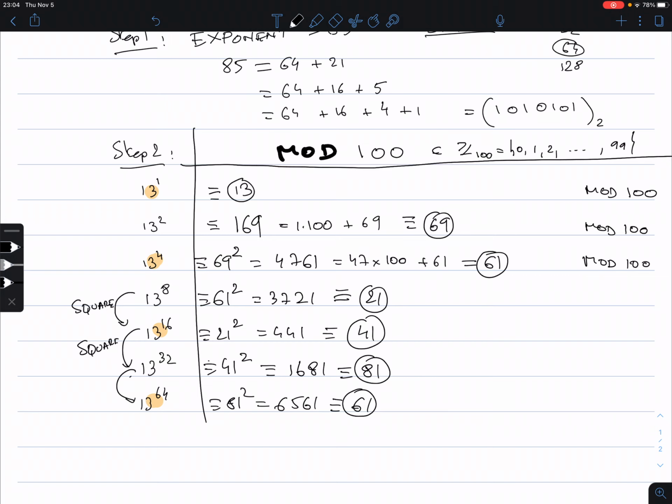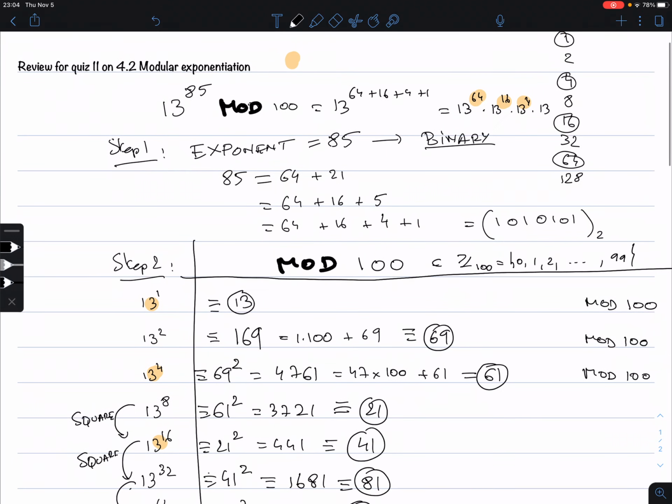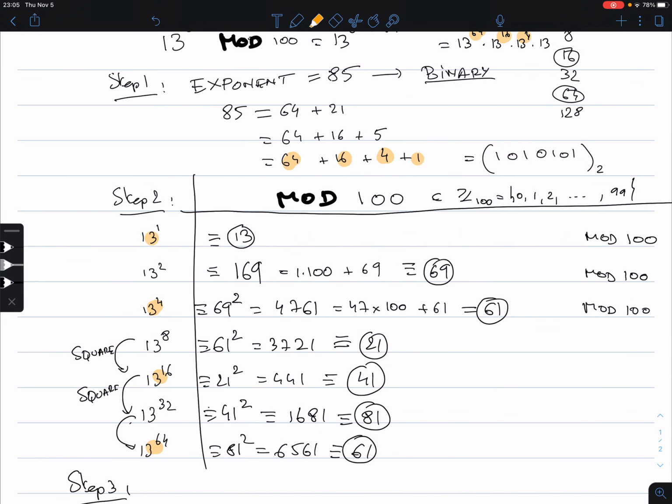But now comes the step where we put everything together. So step 3. What do we need to do now? Well, we go back to our step 1. I remember we had these yellow ones. We said 64, 16, 4, and 1. These are the powers I want. So this is the first power, the 4th power, 16th power, and the 64th power. These are now the numbers that I'm going to multiply.